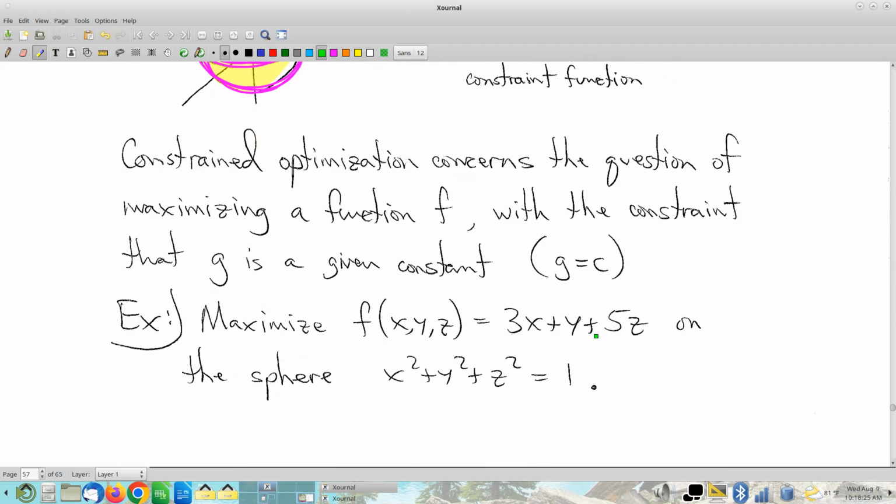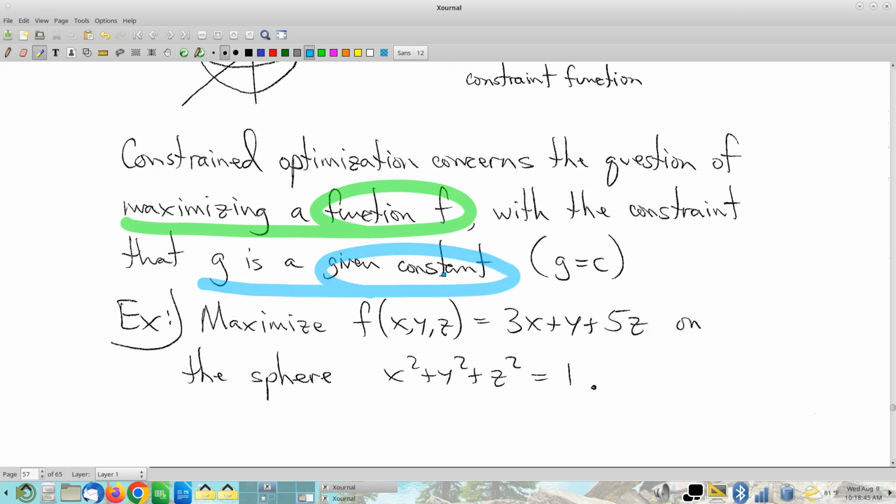Okay. So, constrained optimization, the method that we're going to talk about here. The question will be that there is some function that I want to maximize. The constraint is that some other function has to be a constant. This is confusing. There are two functions in play.